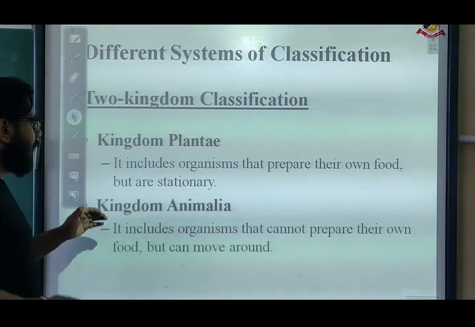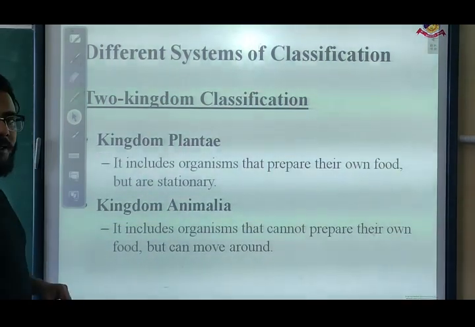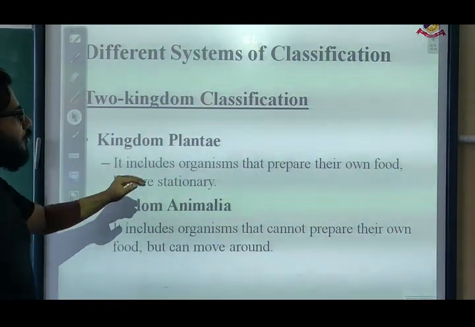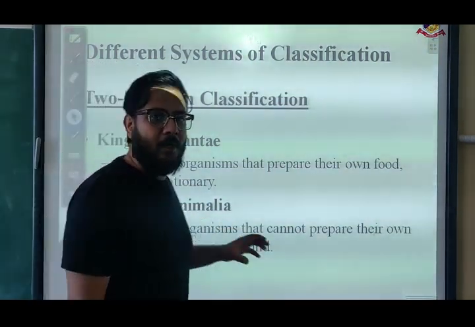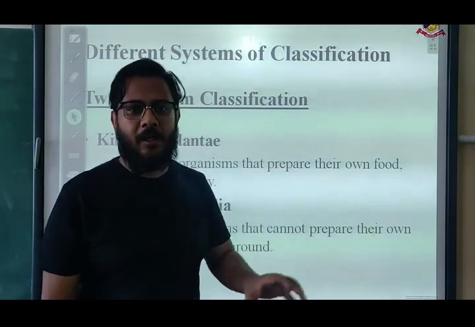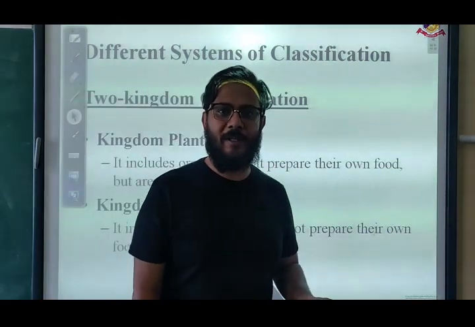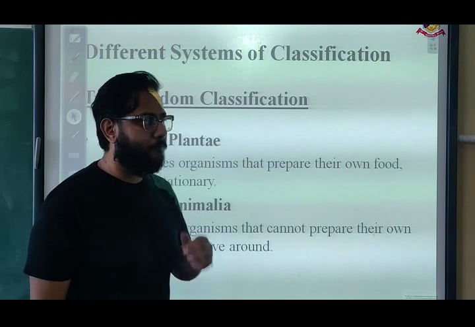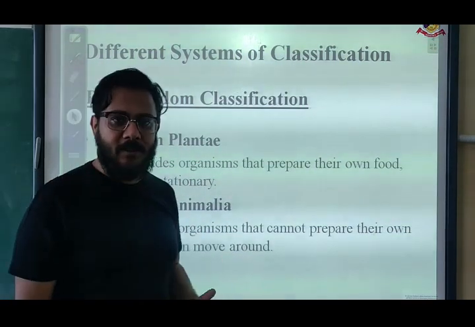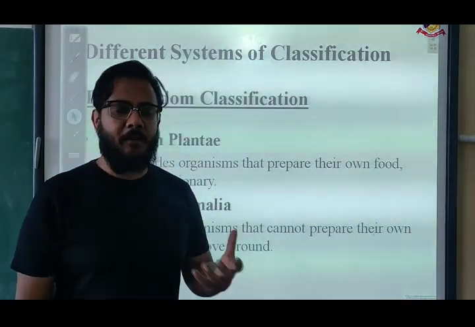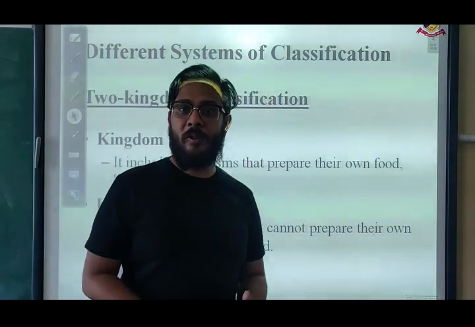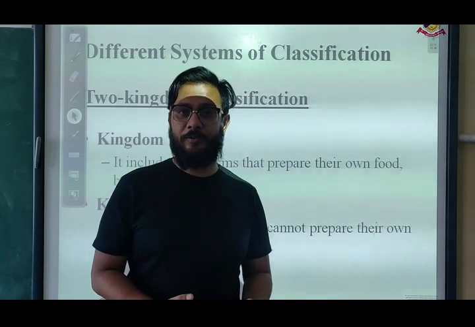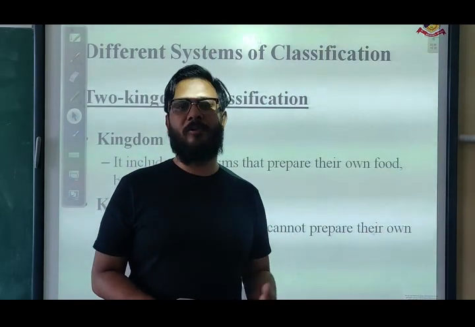So, let's look at Kingdom Plantae. It includes organisms that prepare their own food but are stationary, at rest. They don't move from where they are. We talked about this. So from that, we can understand Kingdom Animalia are organisms which do not make their own food, rely on autotrophs for their food, and they move around.